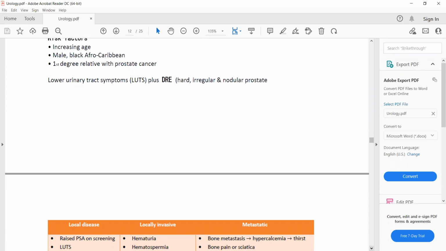So lower urinary tract symptoms in an old male along with an irregular and nodular prostate, your diagnosis will be prostate cancer. And lower urinary tract symptoms with a smooth prostate, your diagnosis will be BPH.